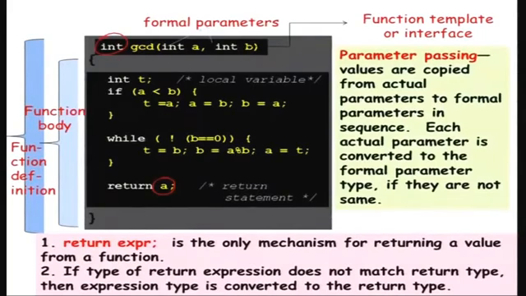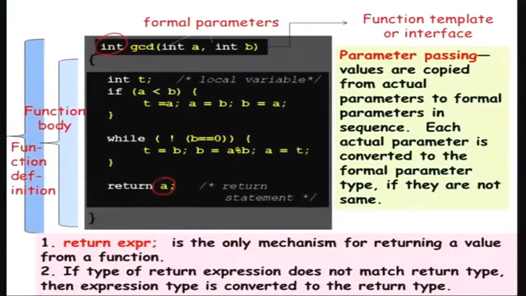Now, we have discussed parameter passing. When passing parameters in C, the values from the calling function are copied to formal parameters in the called function. So, the actual parameters are converted to the formal parameter type and a separate copy is made.